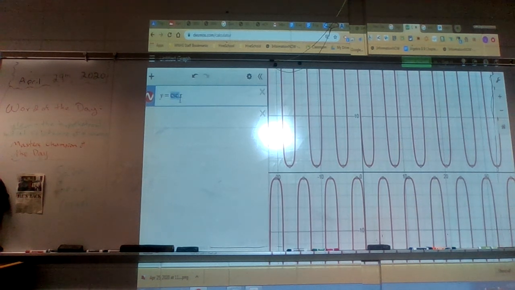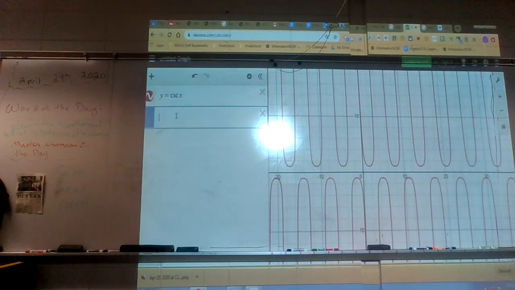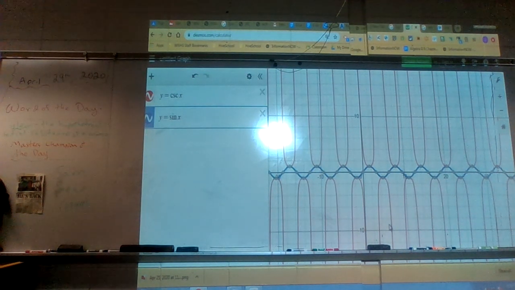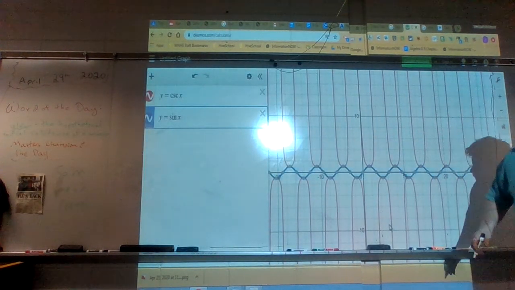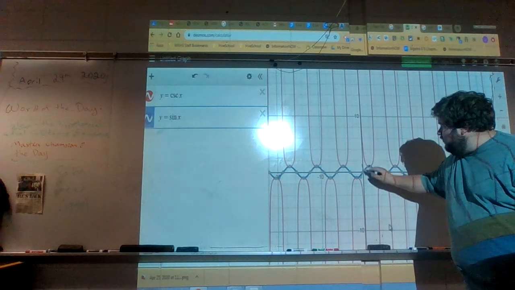I would think of it as cosecant being the reciprocal of sine. So I'm also going to graph in sine. Hopefully you can see that value. So what's happening here? The cosecant is just a reciprocal. Here, this y value is 1.